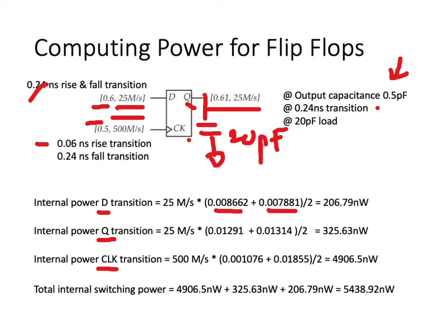In this case, because we do not differentiate between the toggle rates of rise and fall times, we just take the average of rise and fall energies to compute the total power consumed by dynamic activity, the dynamic power arising from switching, and this is attributed to the short circuit current. We can repeat this for the output Q as well as the clock, and we sum them to get the total internal switching power for the D flip-flop.